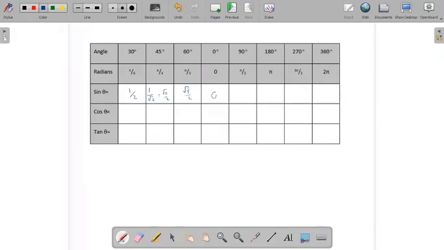Sine of 0 we saw is 0. Sine of 90 is 1. Sine of 180 is 0. Sine of 270 is -1, and then 360 we're back the same as 0, which is 0.